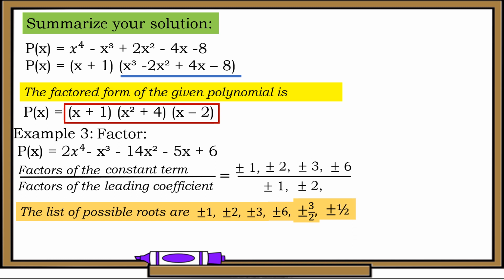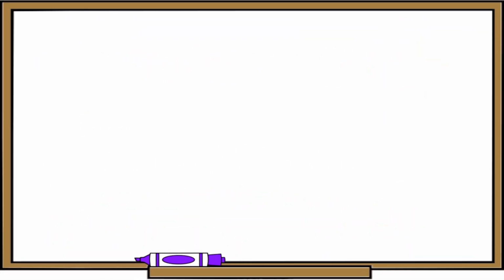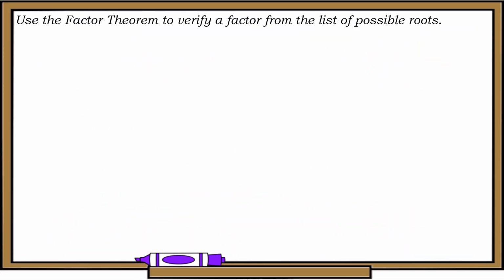Meron pa, positive and negative 1 half. Kasi pag dinivide yung 6 doon sa 2, meron tayong 3. Itong 1 half, pag dinivide mo yung 1 doon sa 2. Yan. Sabi ko, dapat meron kayong ballpen at papel para pag nag-next slide, makita ninyo.